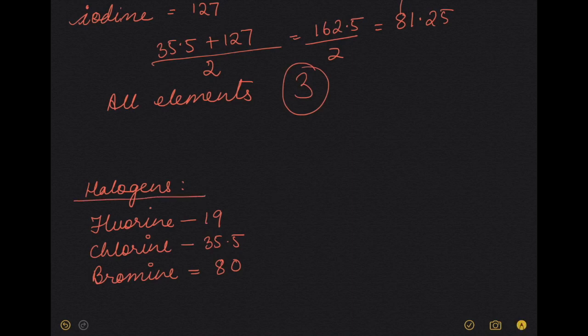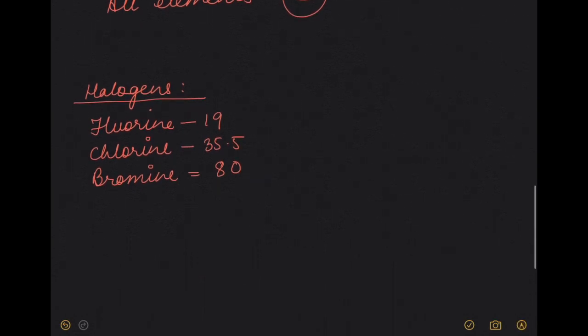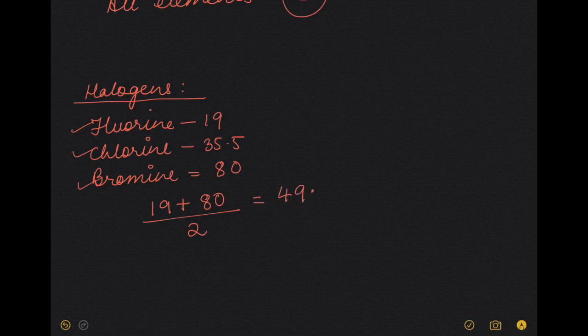Now the halogen family, if you see fluorine, chlorine and bromine, if we add 19 plus 80 divided by 2, we get 49.5 and not 35.5. So it failed even within the same family.